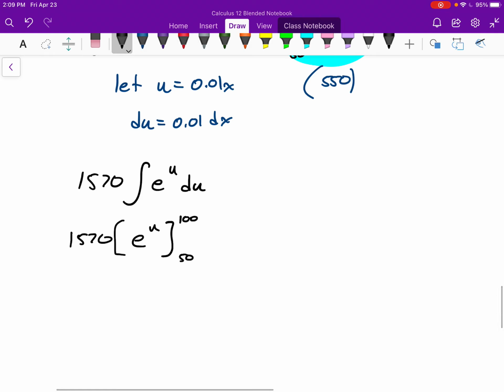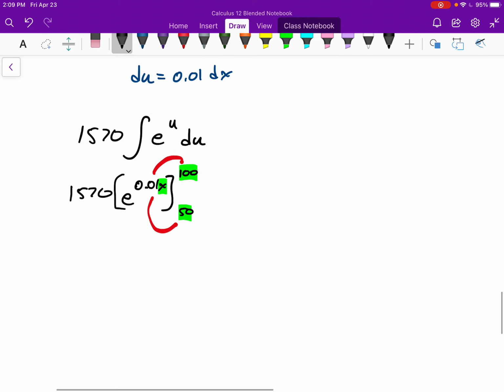Although, again, that u, remember, is 0.01x. So maybe I'll just change that right now. And since I'm dealing with actual data here, clearly at some point going to a calculator is not a bad idea. The good thing is, you don't actually need the calculator right away because 100 times 0.01 is 1 and 50 times 0.01 is a half.